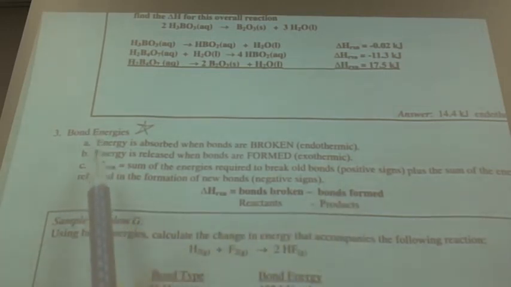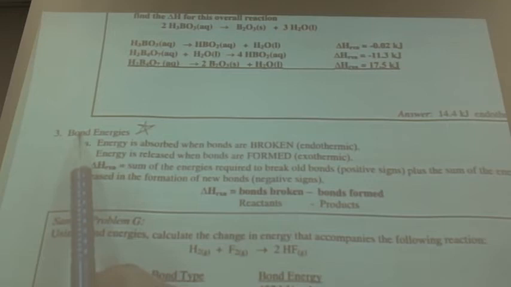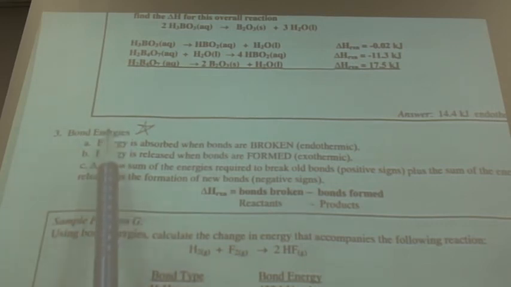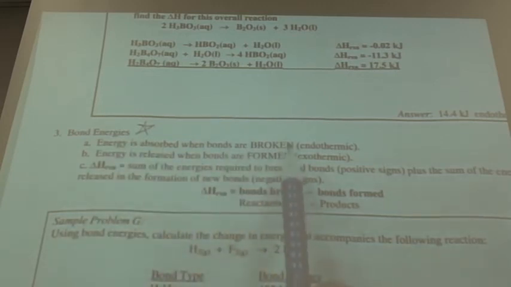All right, first of all, this is the final way to calculate enthalpy, and you need to make 2 assumptions here, and they happen to be correct. Energy is absorbed when bonds are broken.